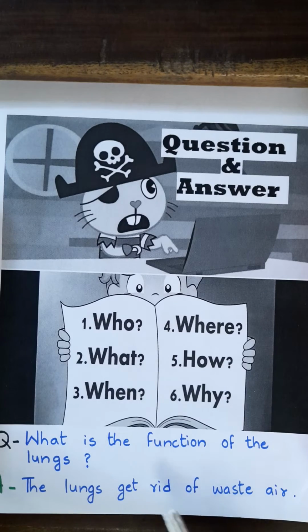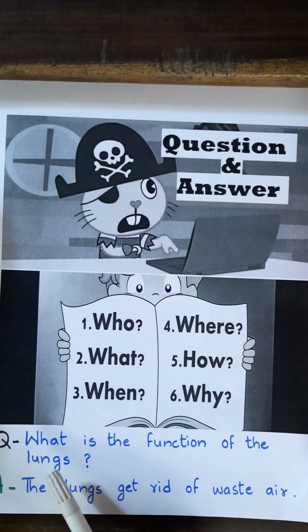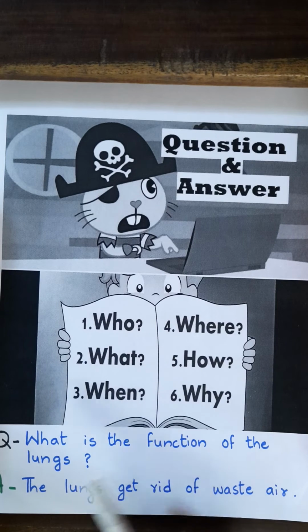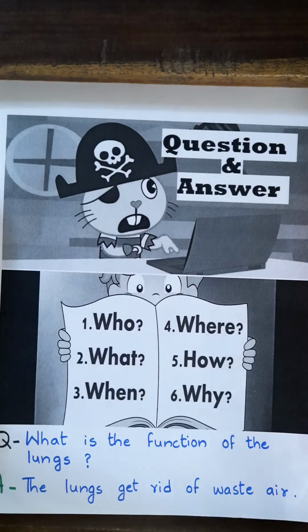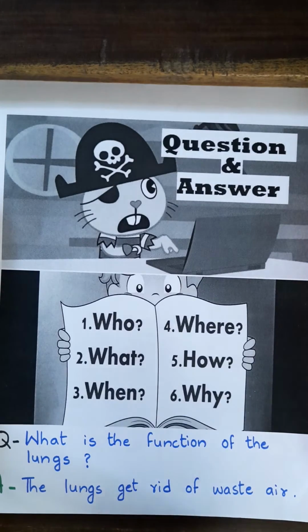The lungs get rid of the waste air. You can make questions like these. For example, what is the function of the kidneys? The kidneys get rid of the waste water or urine, you can call it. What is the function of the skin? The function of the skin is to remove the sweat.